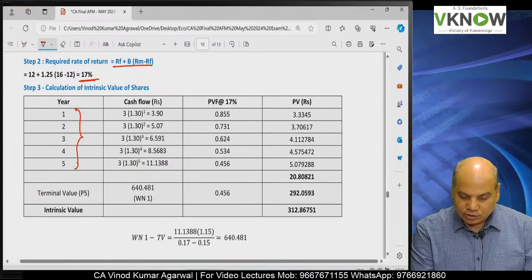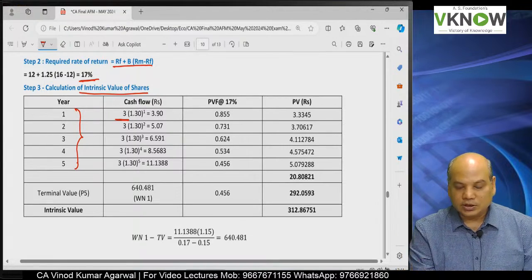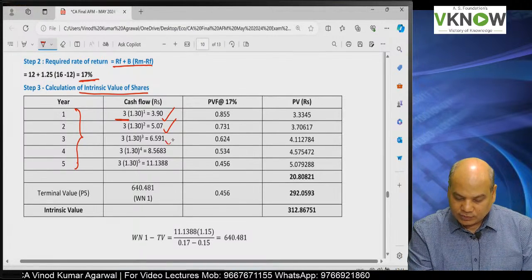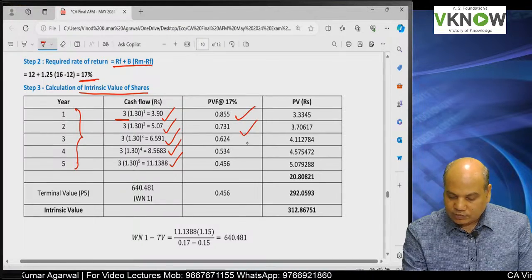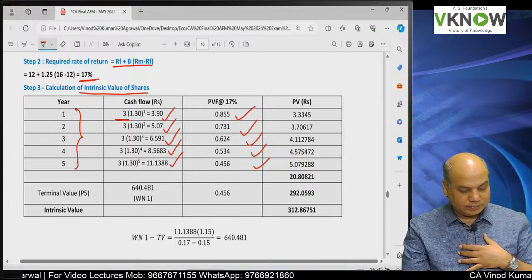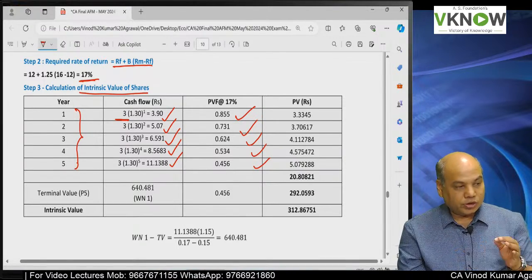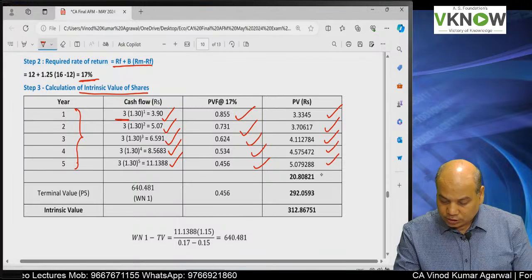Compute intrinsic value of the share. First 5 year, 3 rupees increase by 30% for 5 years. You will get these numbers. First 5 year factors are given. Take the same. When institute gives you factor, use the same. Take the total.